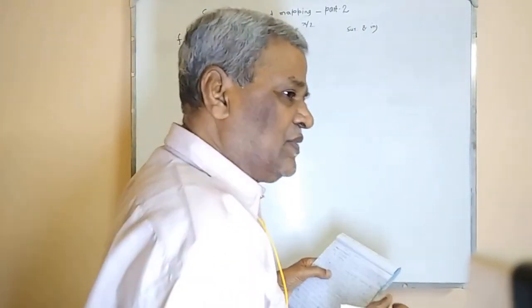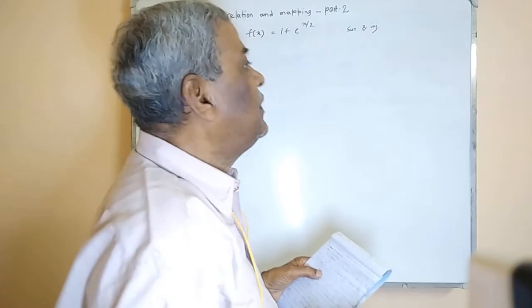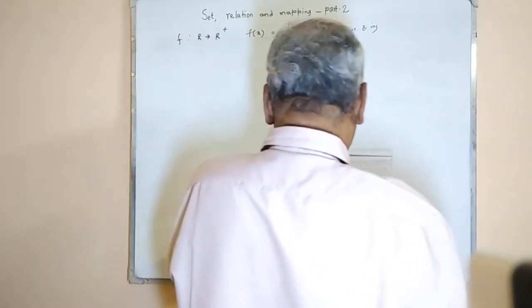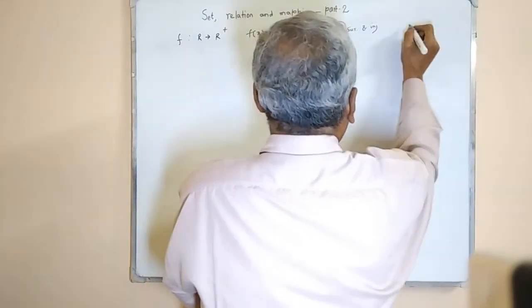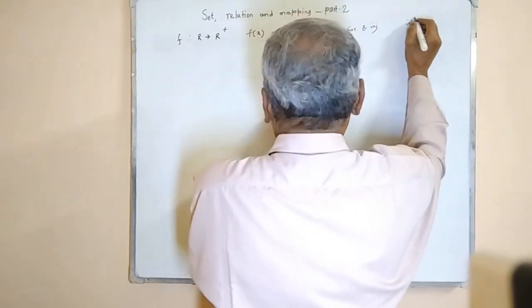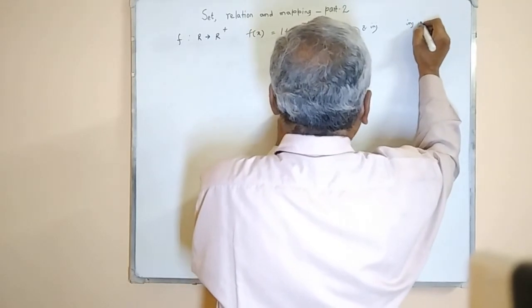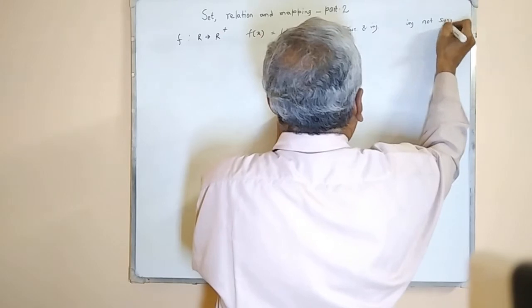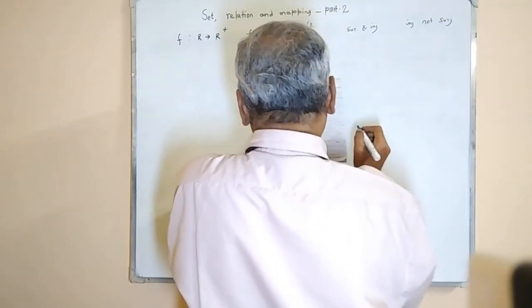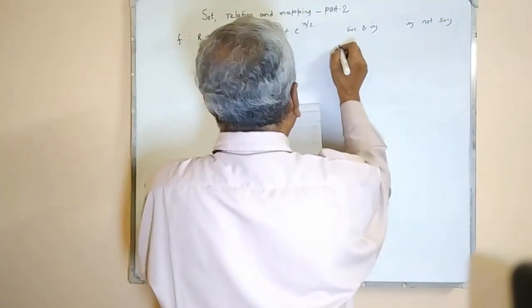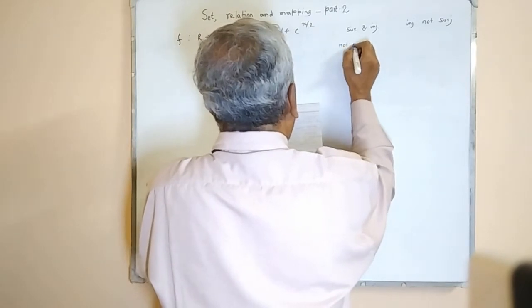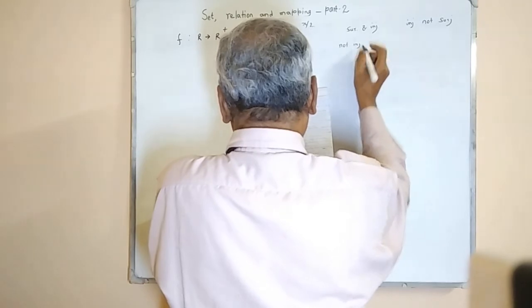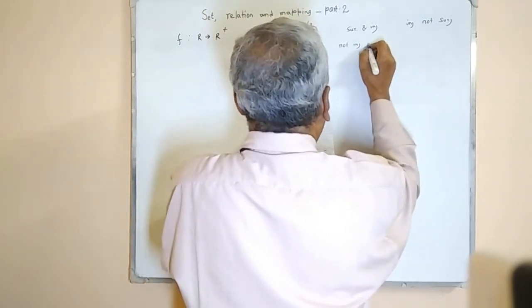Surjective means onto and injective means one-one. Then the second option is injective but not surjective. Third option, not injective but surjective.